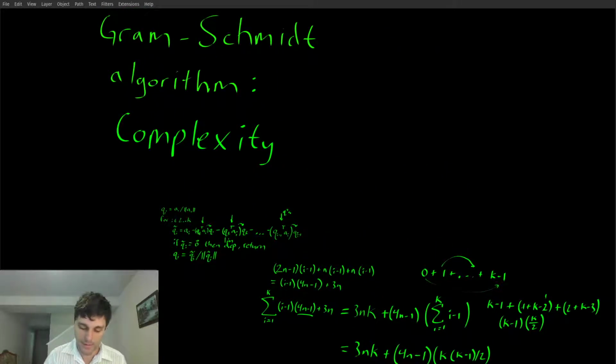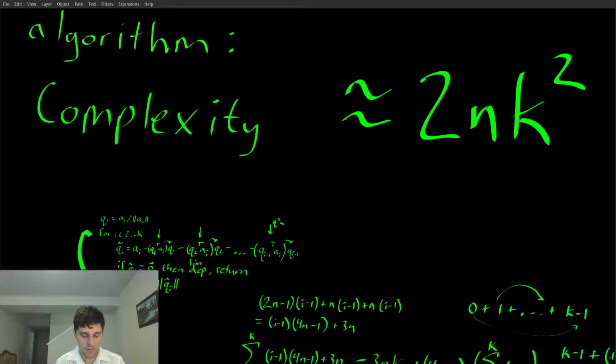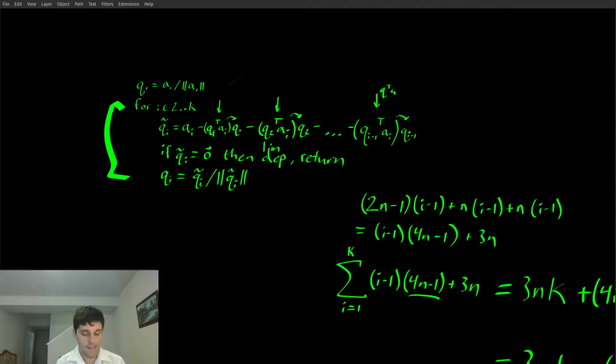So, zooming way back out, the computational complexity of this thing, if we have k vectors of length n, is about 2nk squared flops. It's going to grow linearly in the length of the vectors and quadratically in the number of vectors, which in a ballpark sense makes sense because we have this outer for loop that we're doing k times, approximately, right?